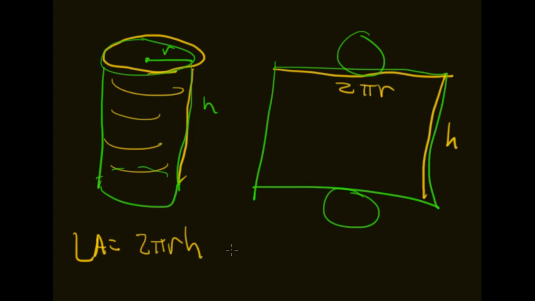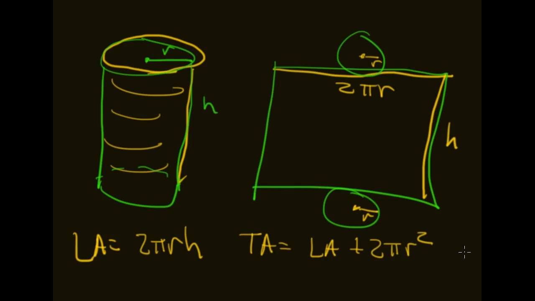That's pretty convenient, right? So what am I adding on to get the total area? The total area is now the lateral area plus the base areas, but the bases here are circles with radius r, so this is just going to be plus 2 pi r squared. That gets me a formula for the total area of a cylinder.